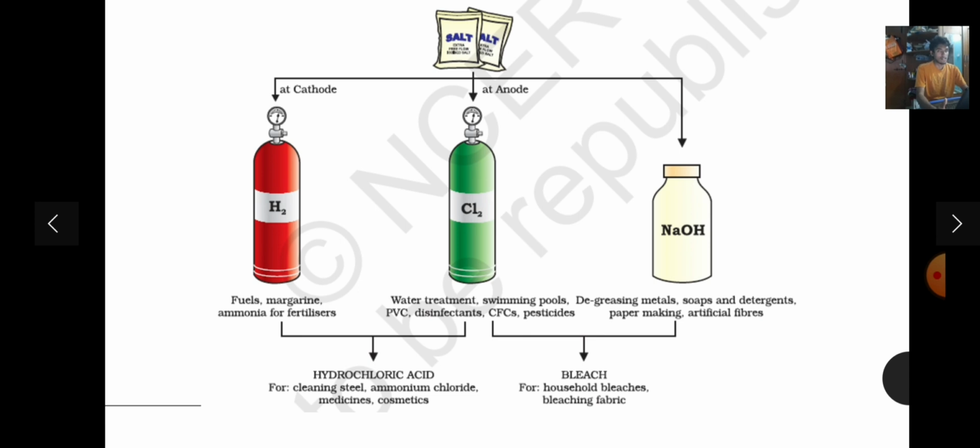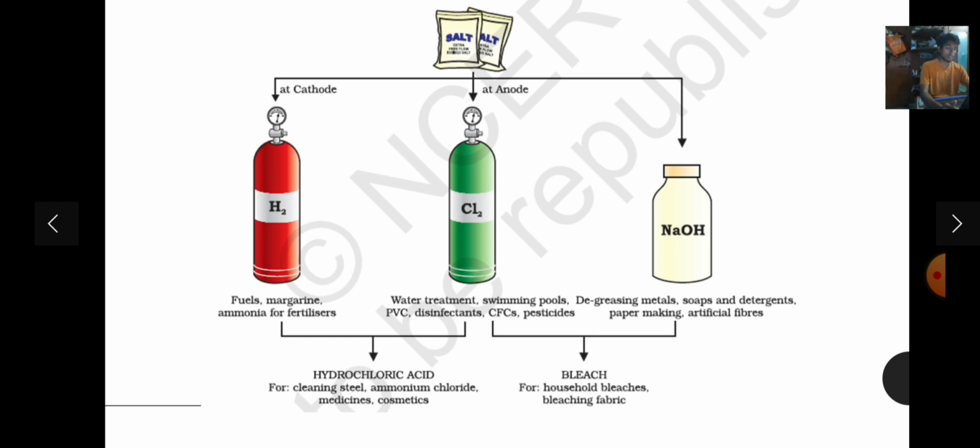From hydrogen gas, we can use hydrogen gas as a fuel. We can mix it with ammonia to form fertilizers. We can use it in margarine. Similarly, chlorine gas can be used for the treatment of water. It is used in public swimming pools.